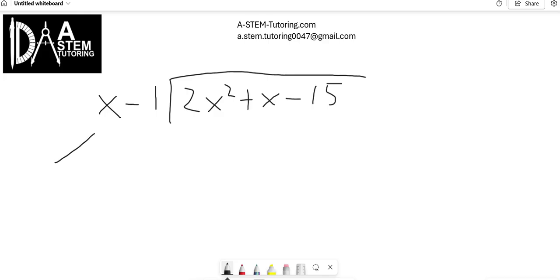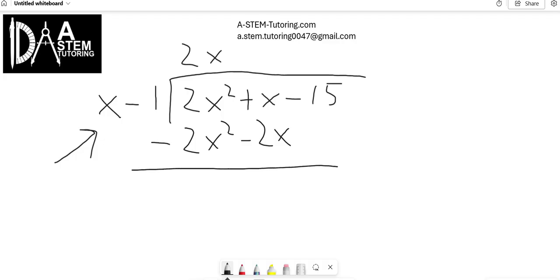What factor times x would give us 2x squared? Well, that's just 2x. Multiply it out, we have 2x squared minus 2x. We can subtract this entire quantity. Minus a negative 2x is the same as plus 2x. So we get 3x minus 15.